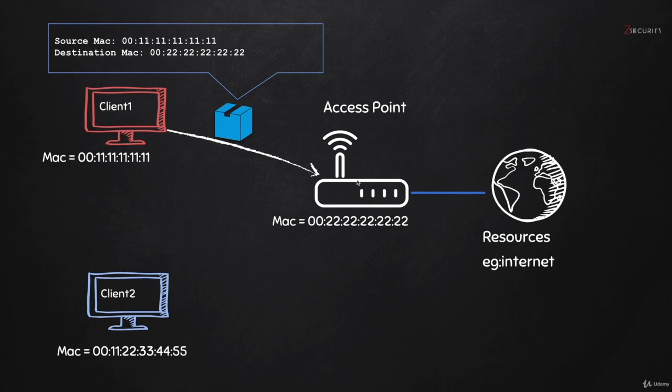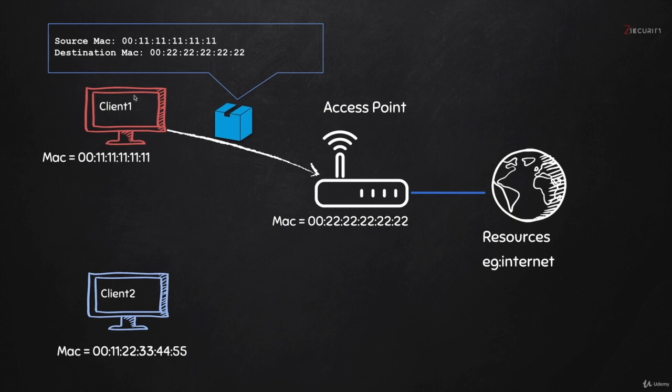Now in the network, devices ensure that these packets go in the right direction using the MAC address. Each packet has a source MAC and a destination MAC, and it flows from the source to the destination. In this example, we have the client, which has this MAC, and the access point, which has this MAC.